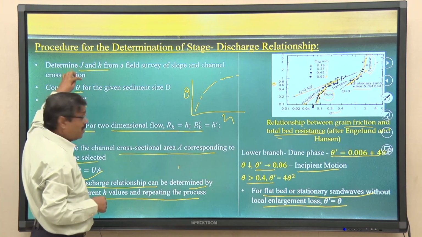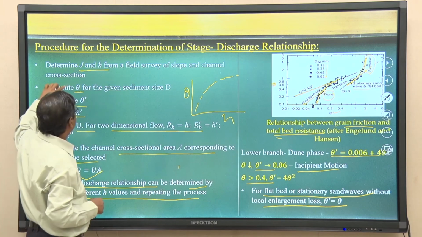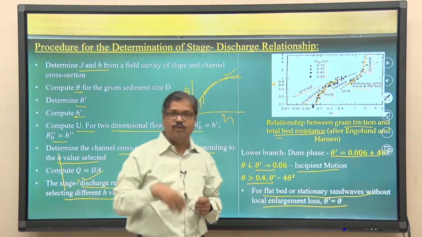If you have an H value and an energy slope, then from the cross section data you get the theta value, theta dash value, and H dash. Then use that relationship to find the flow area and velocity, and compute the discharge. Again you compute for different H. That is the procedure, and finally you get the points and you can fit a curve to find the rating curve. So this is another way.